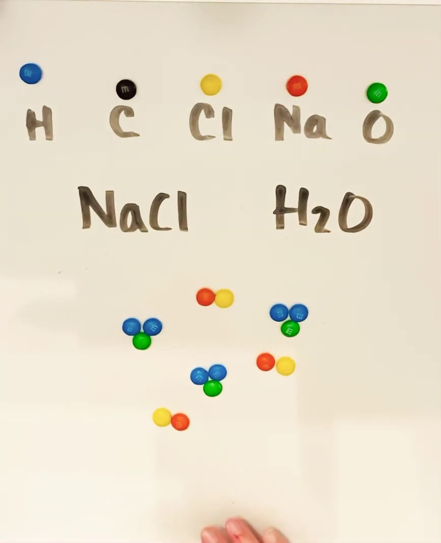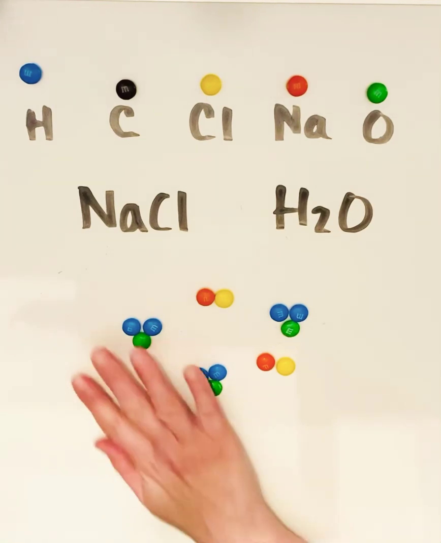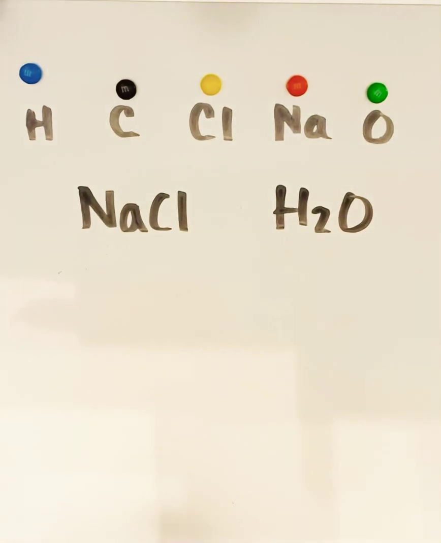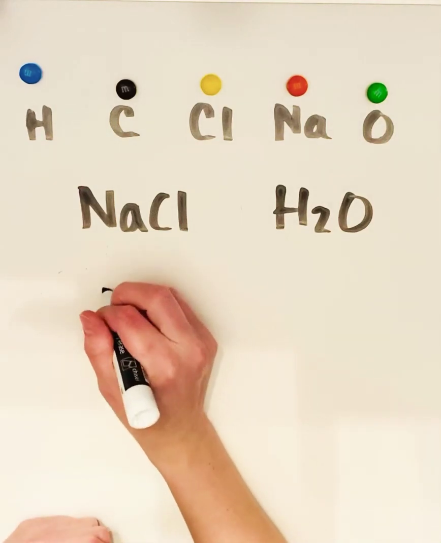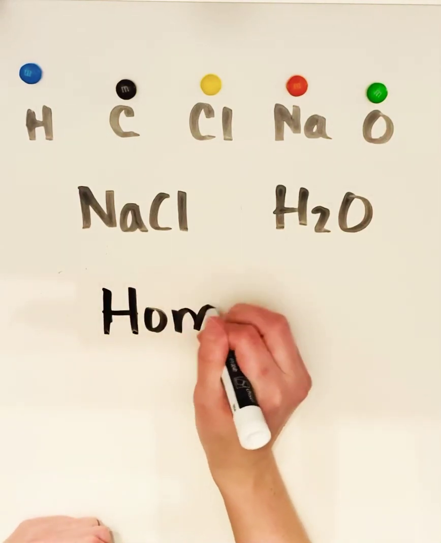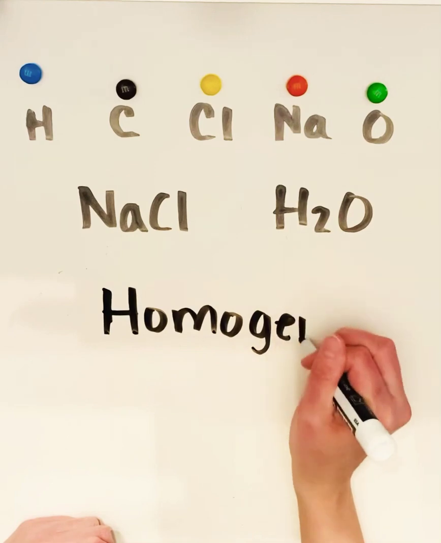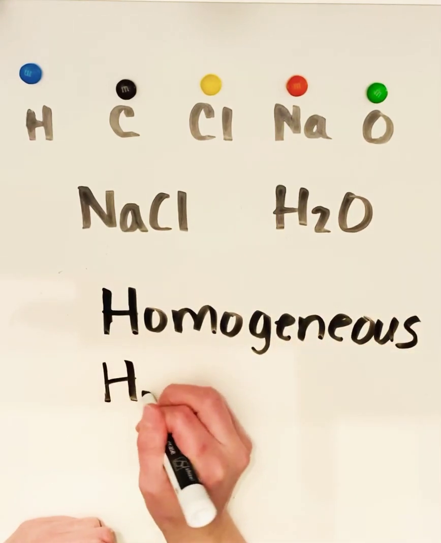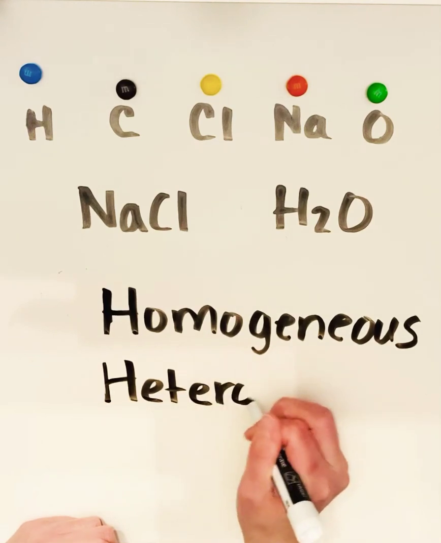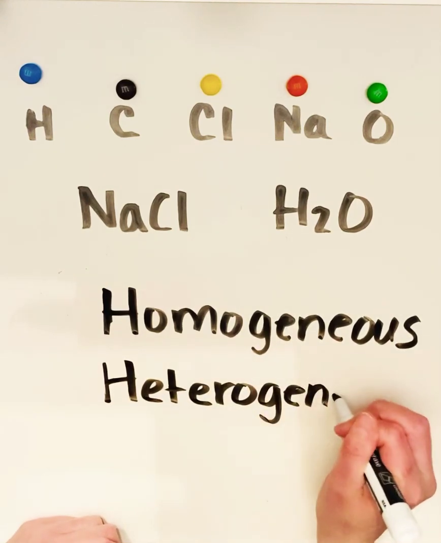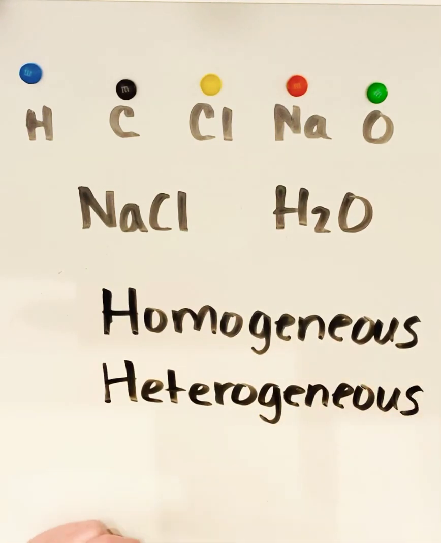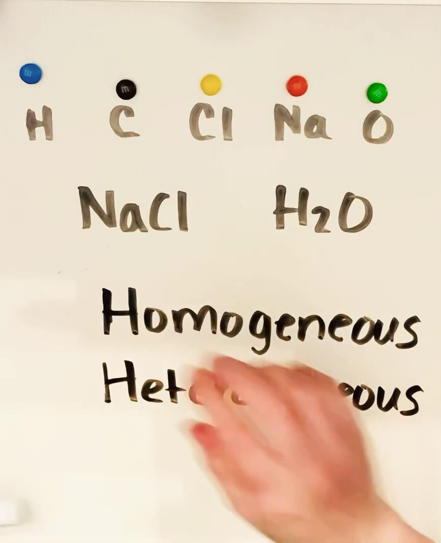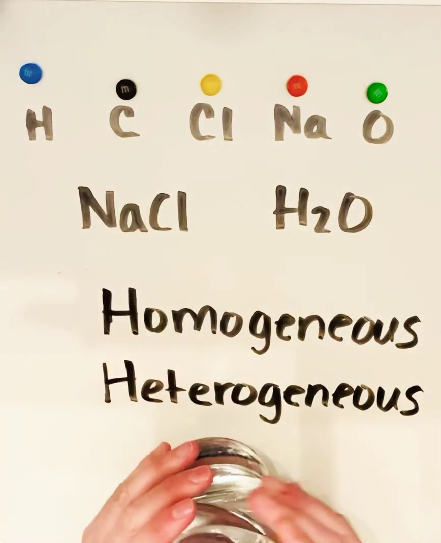So one other thing that I just want to talk about is the fact that there are two different types of mixtures. One is called a homogeneous mixture. And one is called a heterogeneous mixture. So the homogeneous mixture would be the salt water.